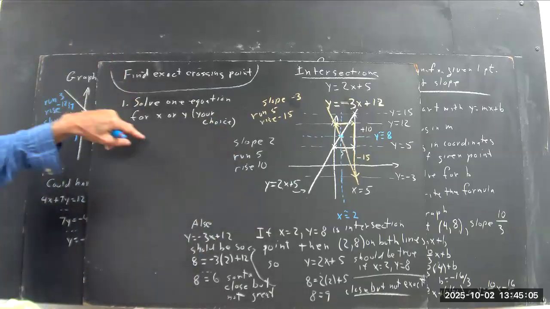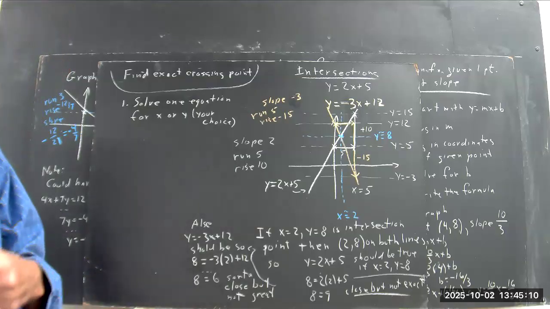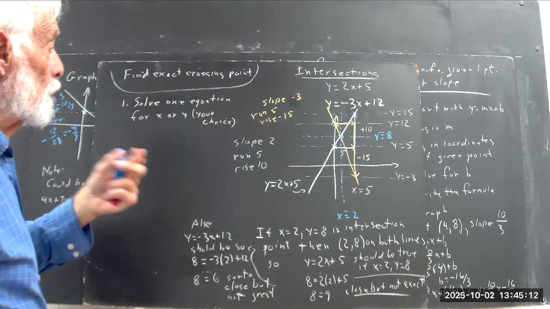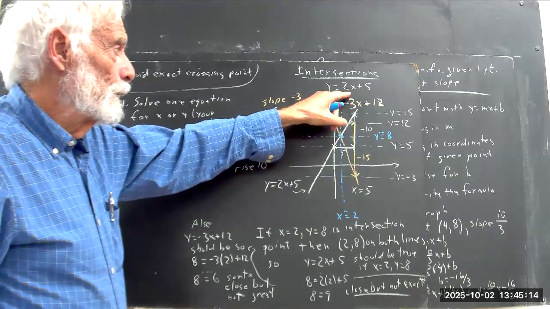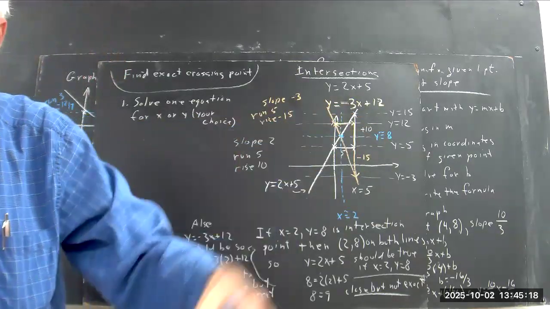I say solve one equation for x or y, and it's your choice which equation and which variable. I'd rather divide by 2 than by -3 because of the negative sign and all that.